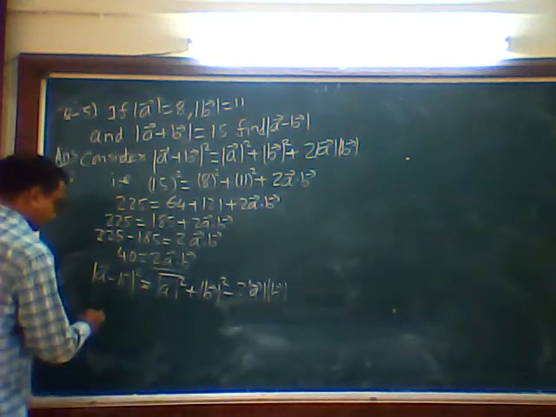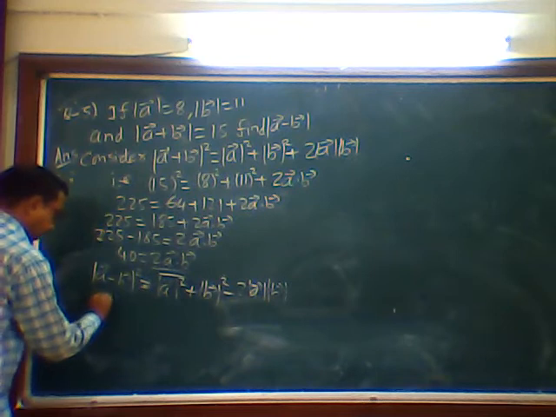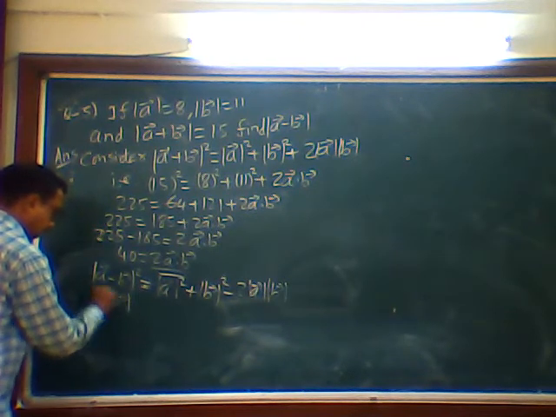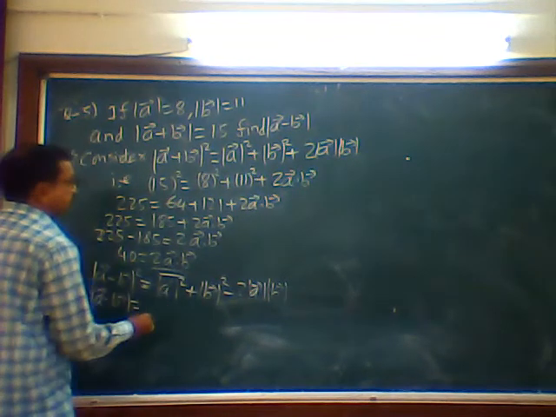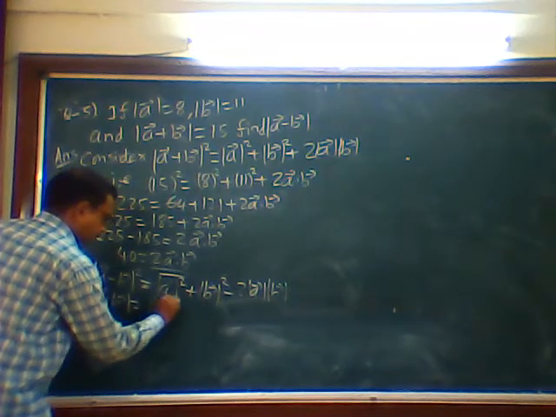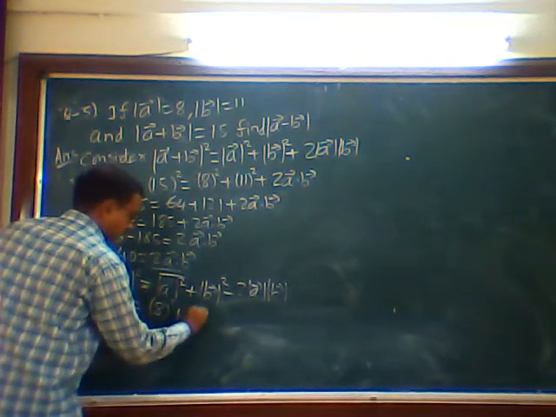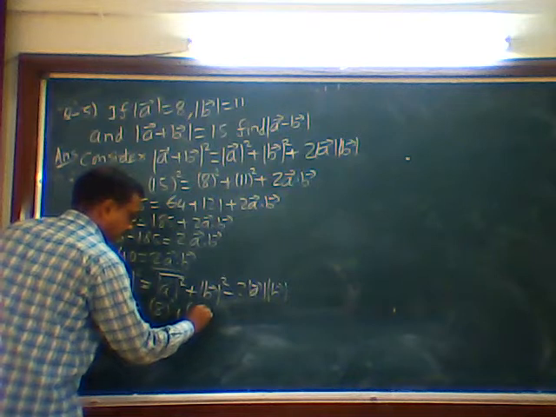Okay, now we don't know this. Mod a bar is what? 8 square. B bar is 11 square.